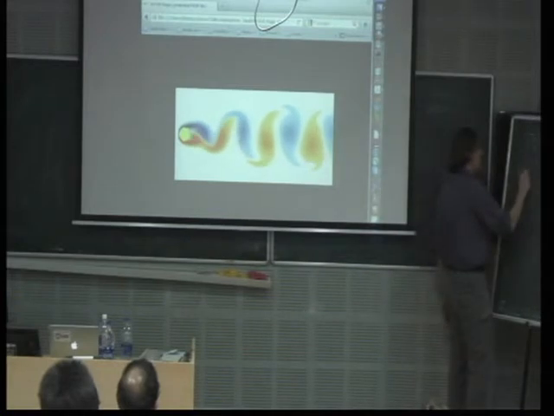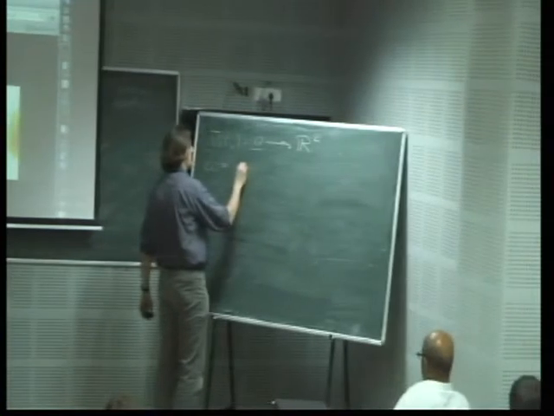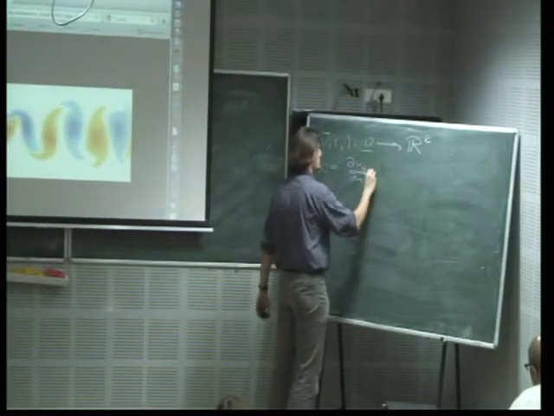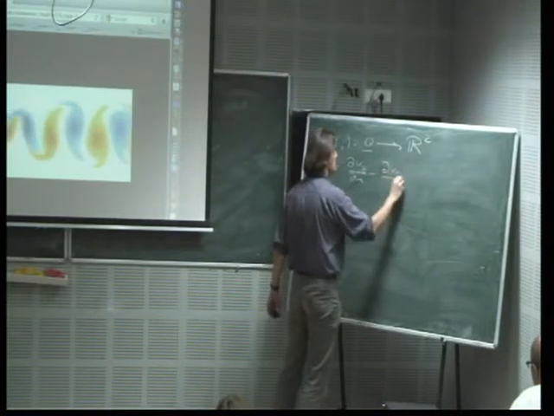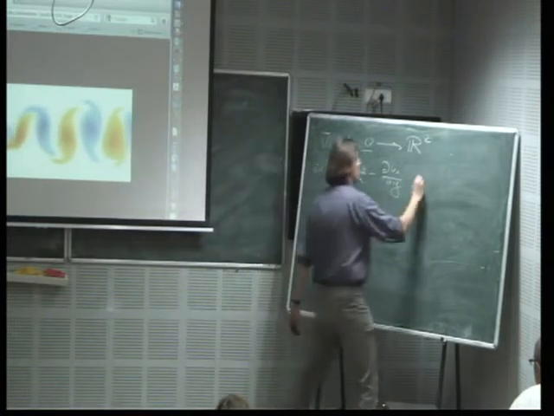So vorticity is a scalar which is defined as partial v_y partial x minus partial v_x partial y. Okay, this is what we call vorticity.